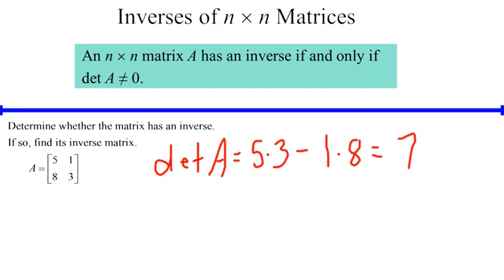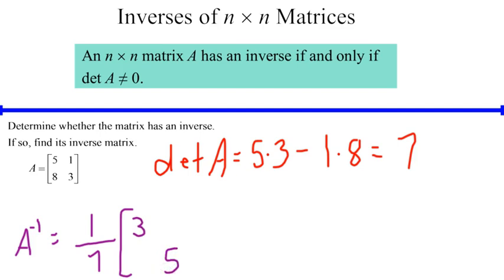So to find the inverse of this 2 by 2 matrix, which we denote by A raised to the -1, standing for the inverse matrix, that is going to be equal to 1 divided by the determinant of matrix A, which we just found, which is 7. We have to switch our A and D entries, so our 5 and 3 are going to switch positions. So this becomes a 3, this becomes a 5.